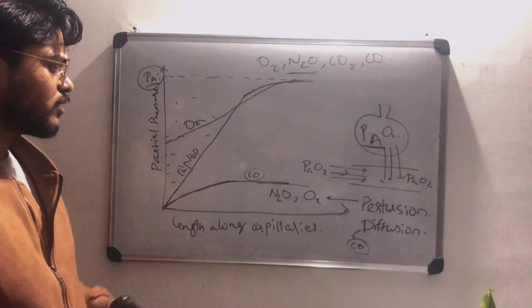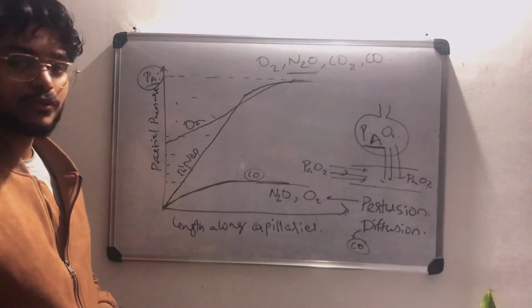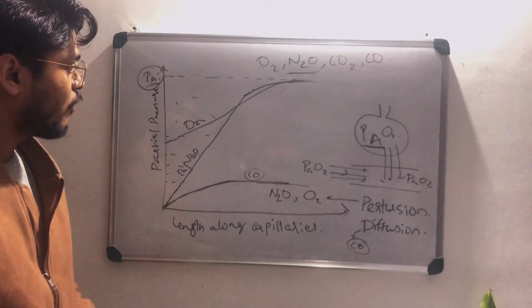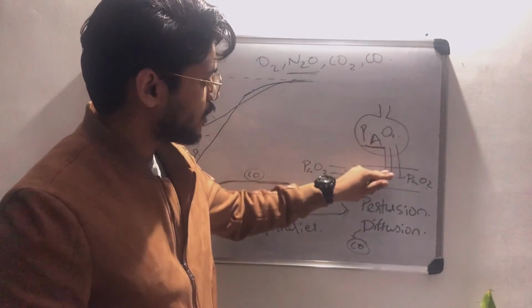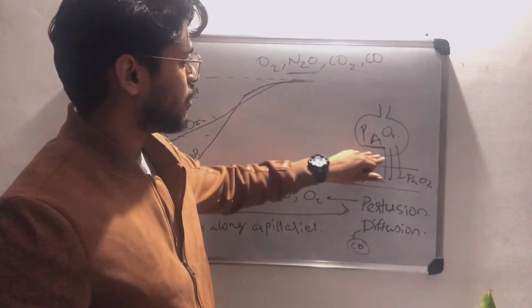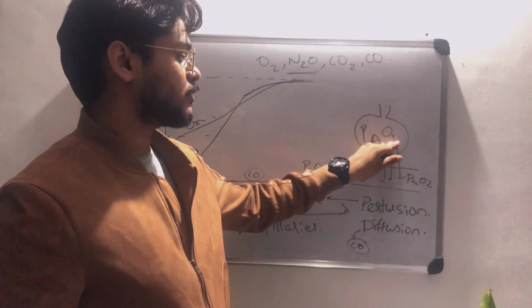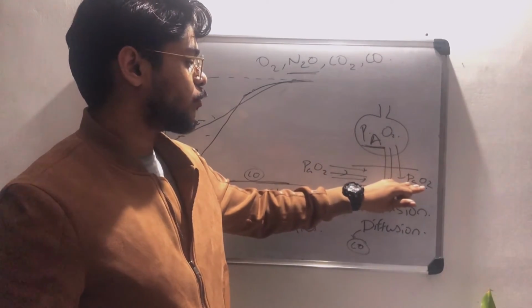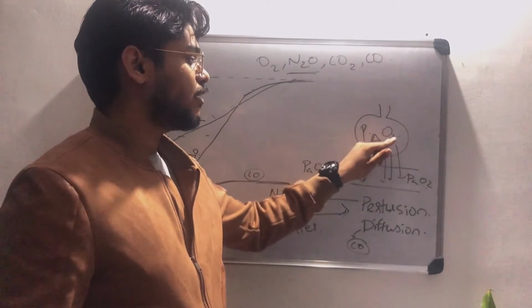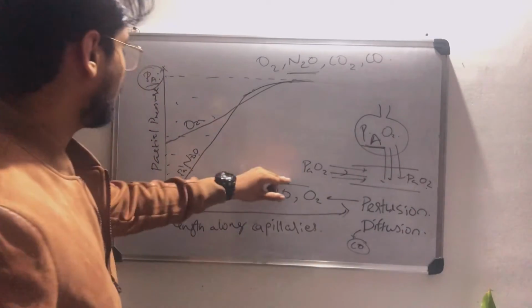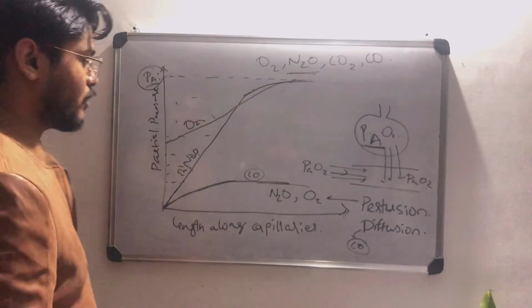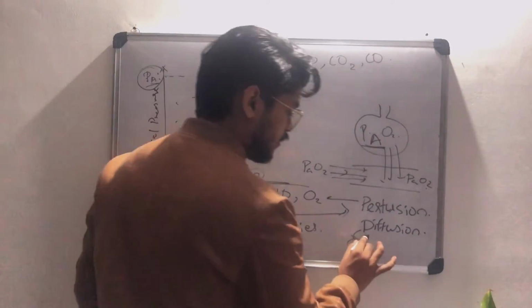So carbon monoxide is actually dependent on diffusion. Therefore, if it is diffusion limited, carbon monoxide cannot reach the same partial pressure as the alveolar partial pressure. That's why it's very decreased, right? It's not reaching there.